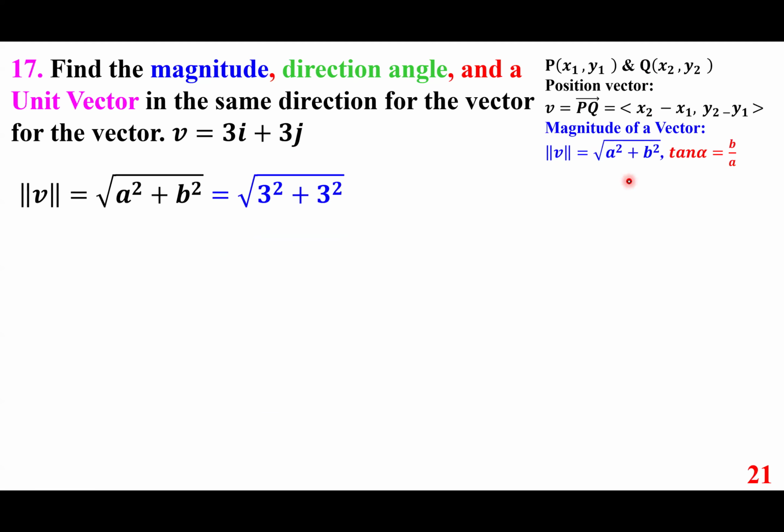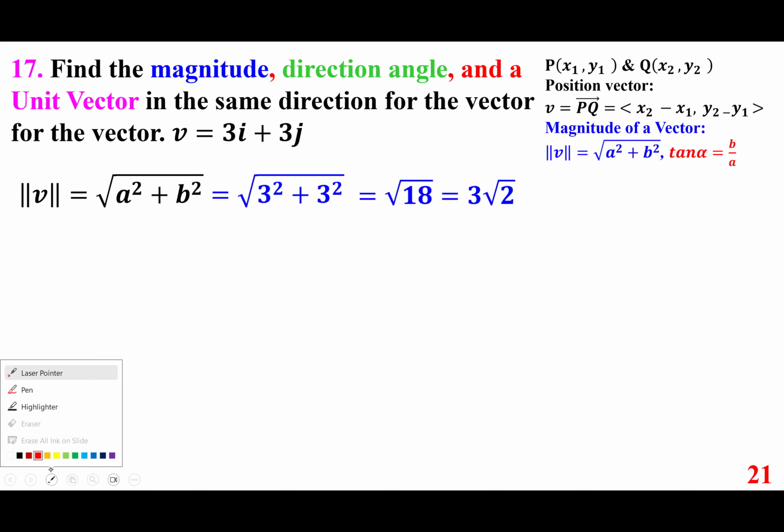Square root of a squared plus b squared is 3 squared plus 3 squared. So this is 9, and 9 is 18, and 18 is 9 times 2, and we get 3 square root of 2. That's why we get square root of 2. I hope everybody is okay with that.